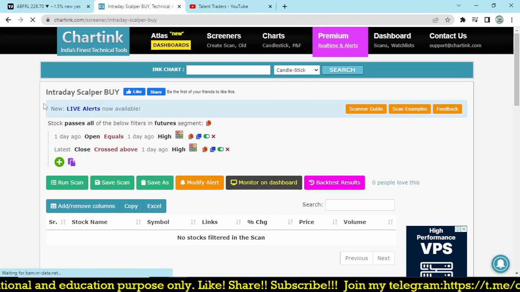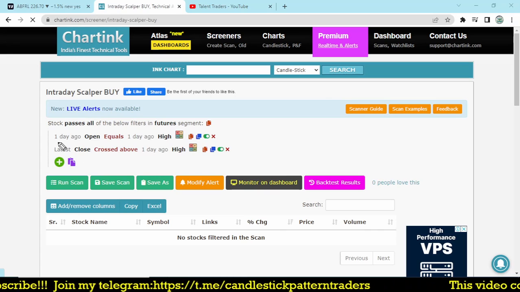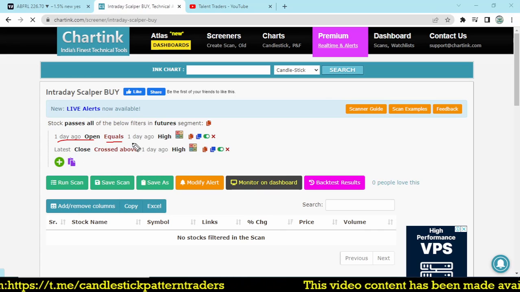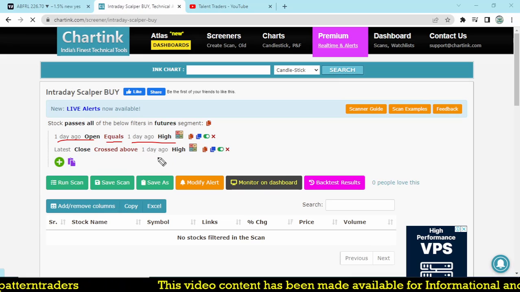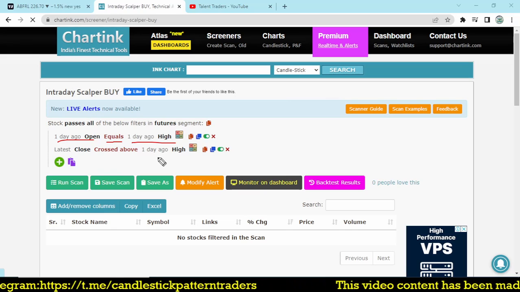This is the intraday scalper buy that I am using: 1 day ago open equals 1 day ago high. So yesterday, that means 1 day ago, the open price was equal to the high price, that is open high, and the market fell down yesterday.